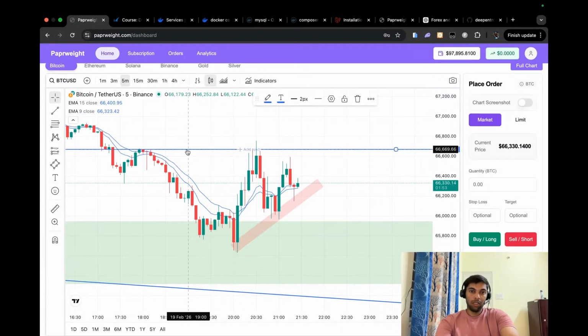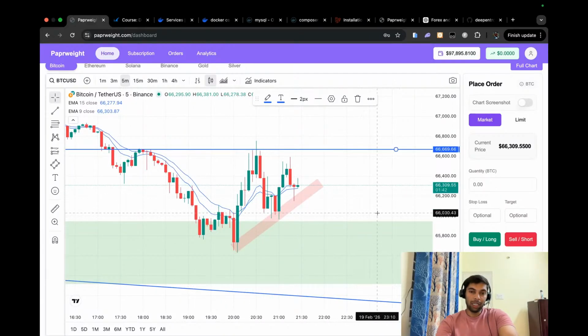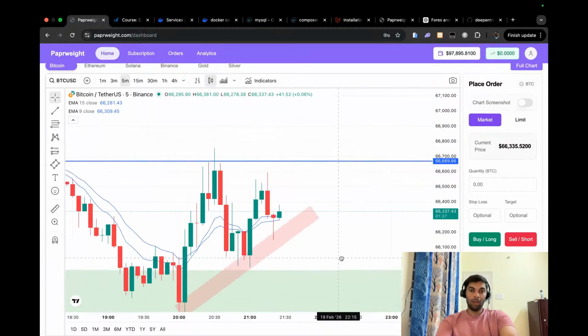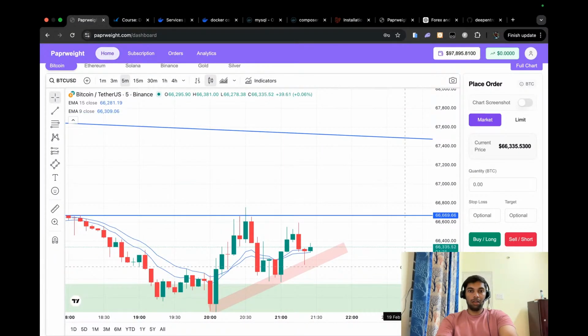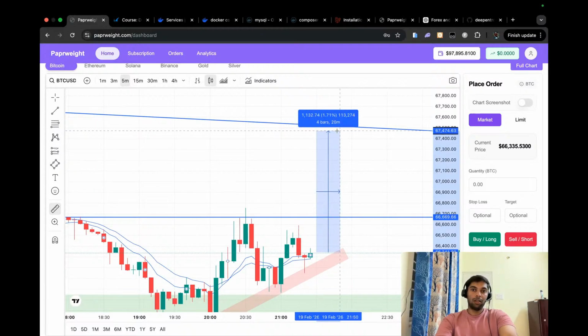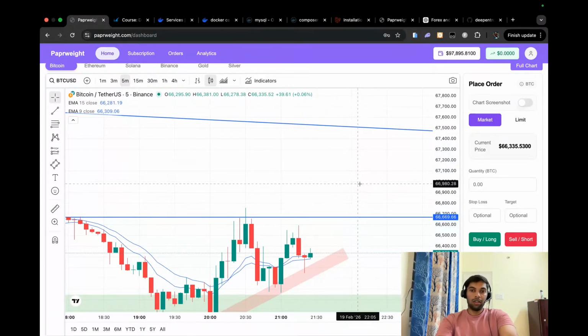So you can see that this is the selling zone from where the market took rejection again and again. But as you know, this is the buying zone. This is also the buying zone, and this trend line is also indicating the buying zone. That means if it breaks the recent selling zone at this point, where the market is taking rejection again and again, the market can make a move till this trend line.